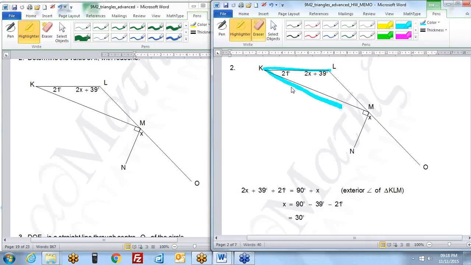Let me just do it properly. You have that triangle there. I'm going to quickly indicate the exterior angle in purple. It's this one over here.